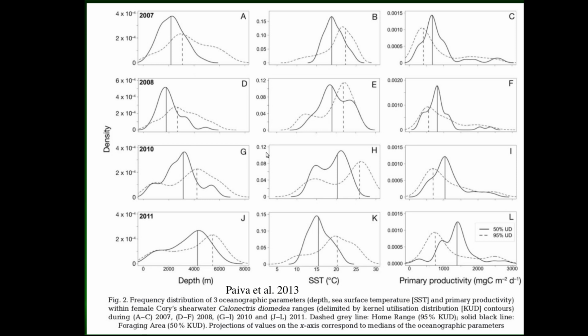So they can move in response to variation in the environment, to make sure that they are able to forage to the extent that they need to while they're nesting and meet the higher energy requirements during nesting.